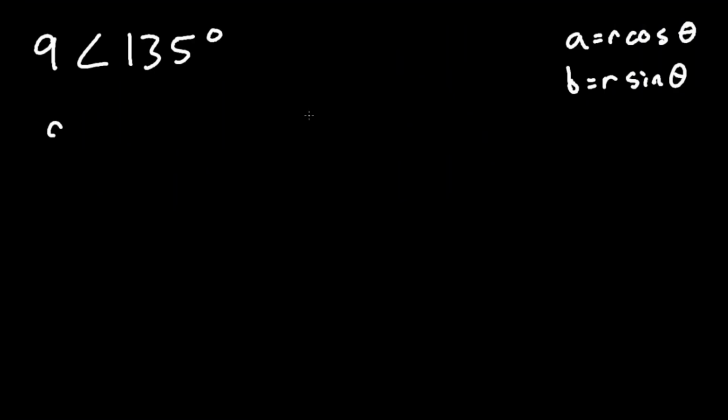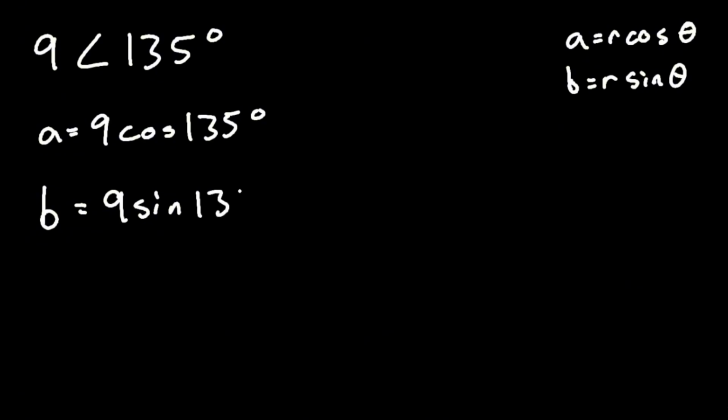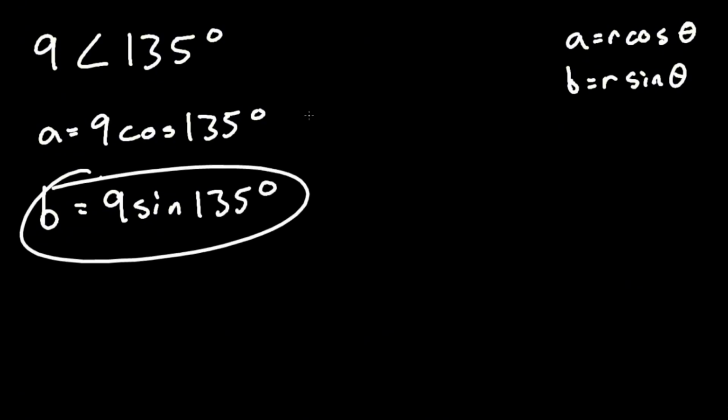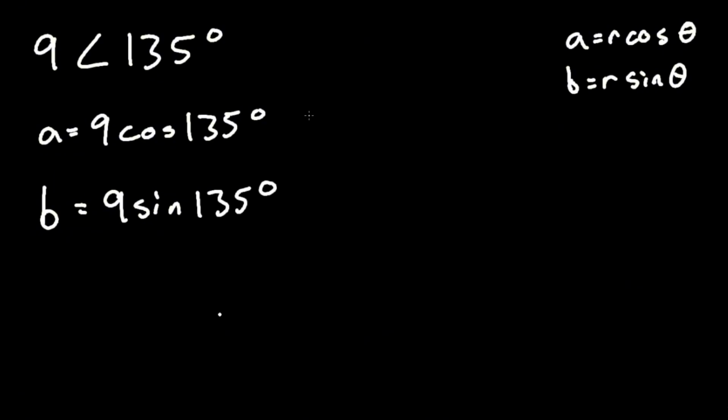Let's find a for this. A, again, is equal to 9 times the cosine of the angle, which is 135 degrees. I actually kind of like writing with this font. I've been using 4 pixels for my pen size. I used 7 pixels for this one. I think this might be a lot easier to see, so I think maybe I'll use this from now on. B is equal to 9 sine of 135 degrees.